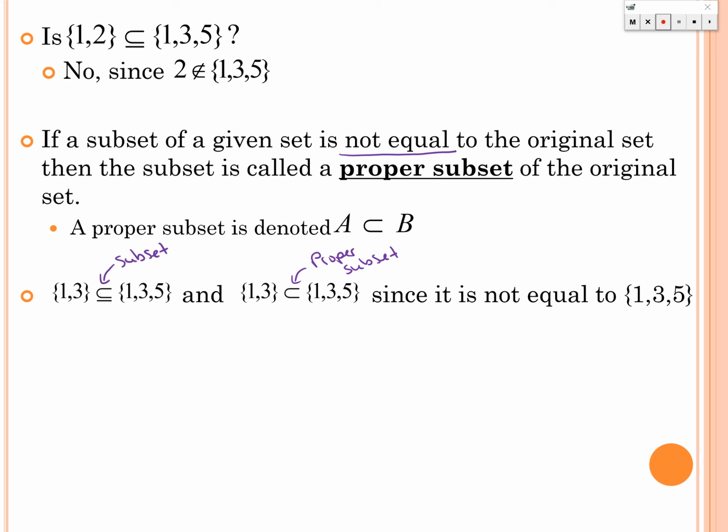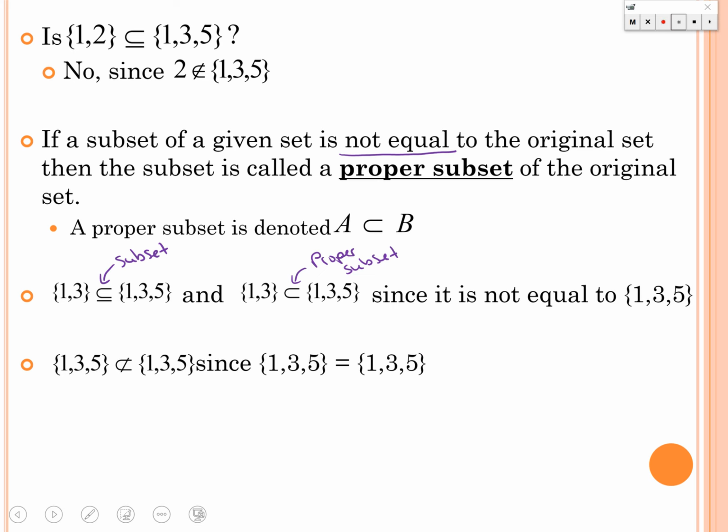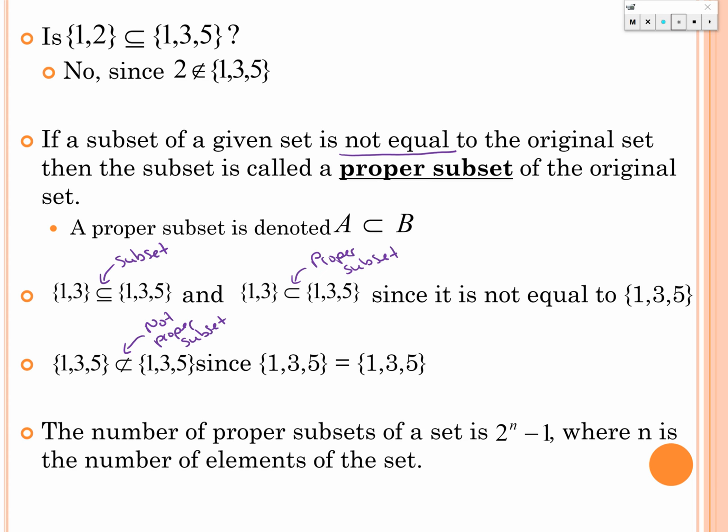And then just to hit this idea home, 1, 3, 5 is not a proper subset. Again, as soon as we put a slash through that symbol, we throw in that word not. It's not proper, since 1, 3, 5 equals 1, 3, 5.